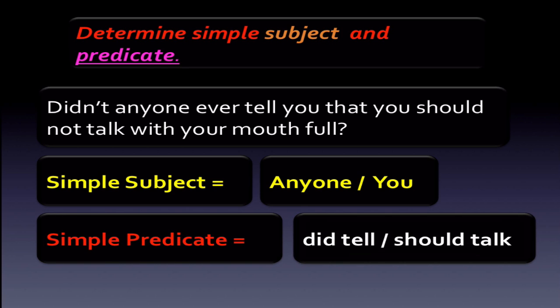Simple predicate: did tell, the helping verb did plus the main verb tell. And you should not talk. So should plus the main verb talk will be your simple predicate.